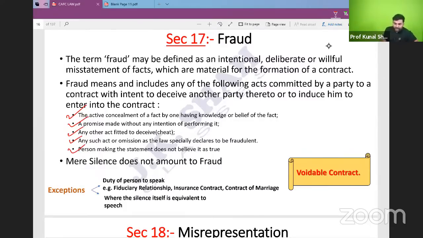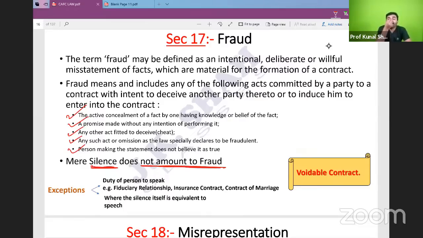But, sir, if a person is just keeping silence, does silence amount to fraud? Law says no. If a person is merely keeping silence, then silence does not amount to fraud. See, what is fraud, first of all? Fraud means you are speaking out a statement which you yourself know is false, and you have done this willingly with an intention to deceive someone.